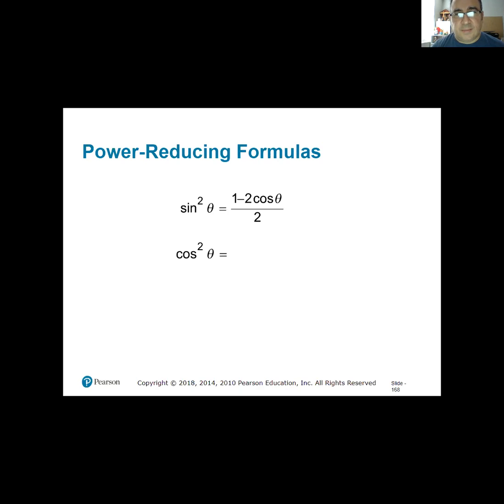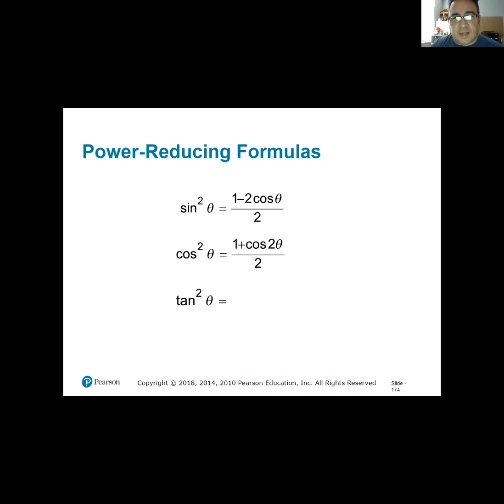Cosine squared theta is 1 plus cosine of 2 theta over, somebody guess. There you go. Good job. Over 2. And then you guys can do this one in your head, right? Tangent squared theta. What's that one going to be? 1 minus cosine of 2 theta over 1 plus cosine of 2 theta.